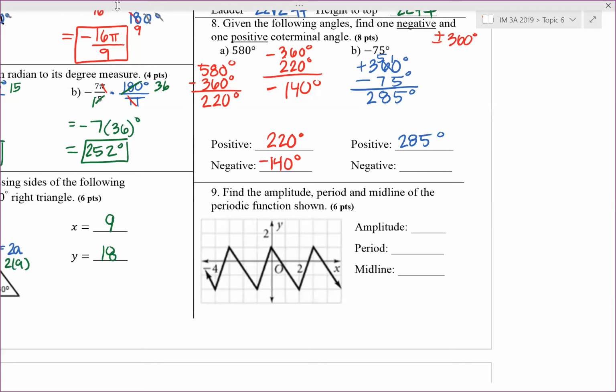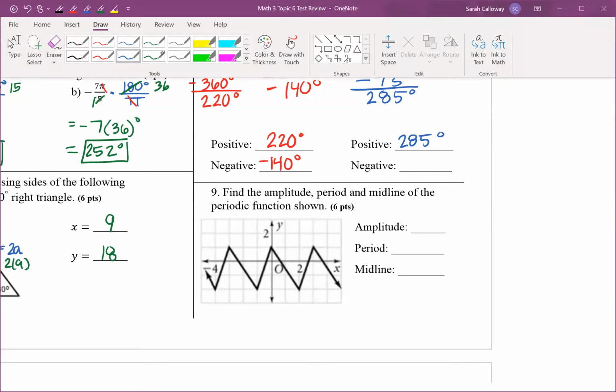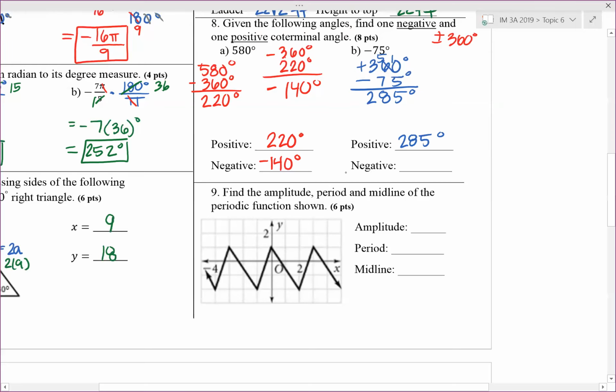So with the last problem, I built on my answer, right? But if I were to subtract from this, I would just get back to the negative 75, and that wouldn't be a coterminal angle. So what I have to do here is start again, but I'm going to subtract 360 from negative 75.